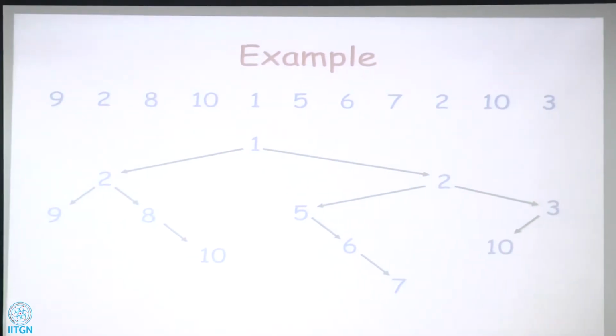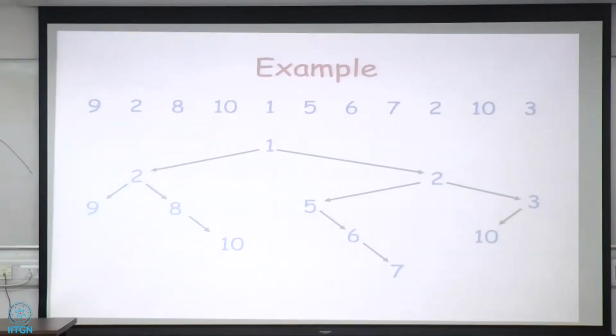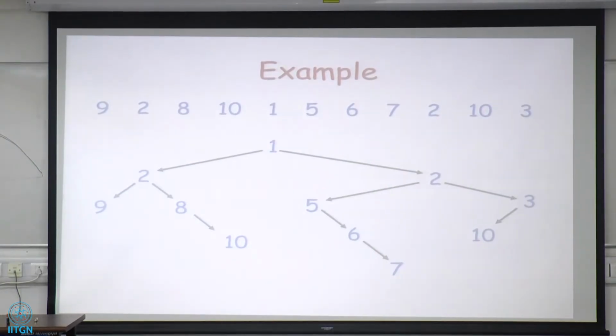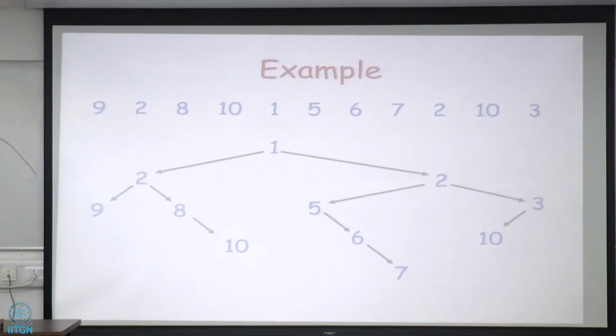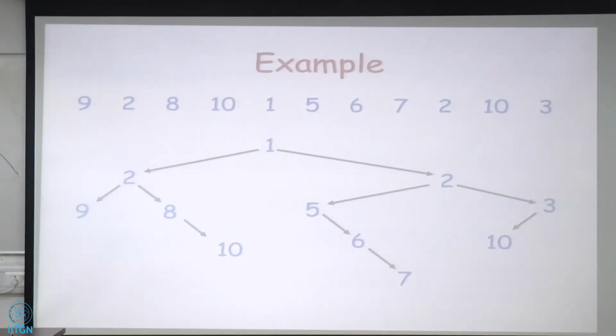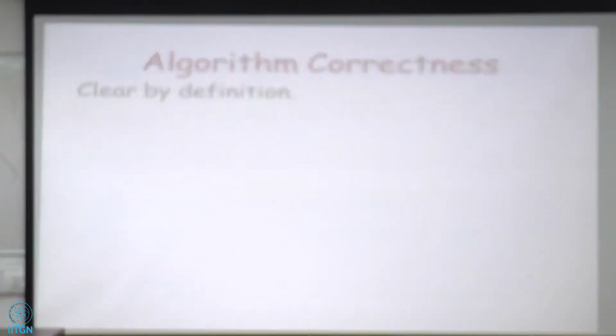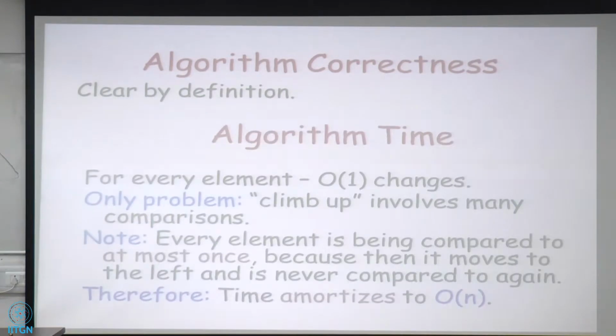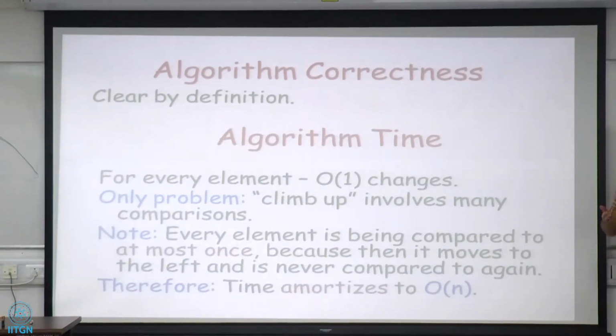Obviously, you could have also constructed it recursively, but then finding the smallest element would have cost you a run and check. And here, in some sense, we just take the elements as they come. But the problem is that we need to talk about the time. Okay, so the correctness is clear because this is what we always did.